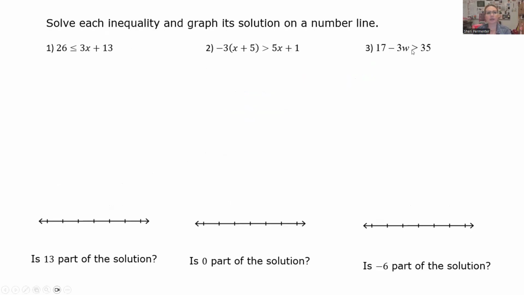So again, these are our 3 examples that we're going to do. So when I look at this very first problem, what is different about this one than what you see on your paper? I think I changed the numbers. Is this one a 28 on your paper? It's a 26?